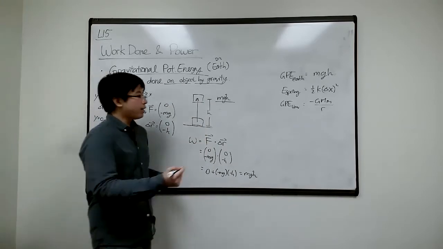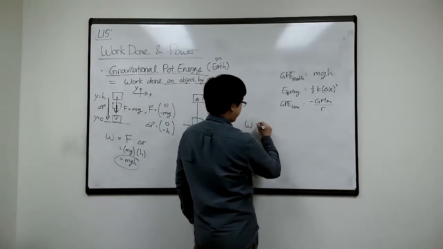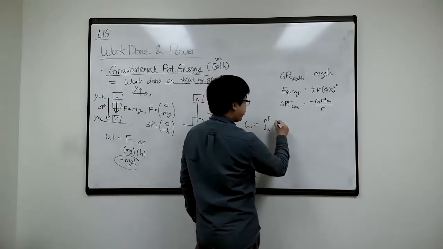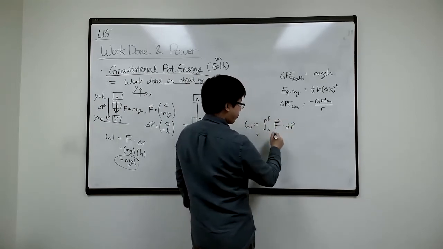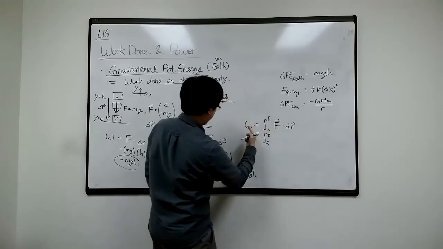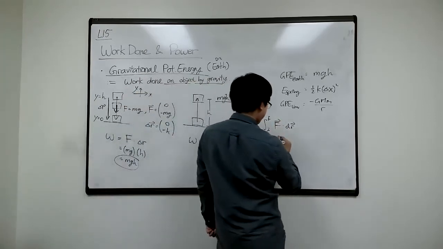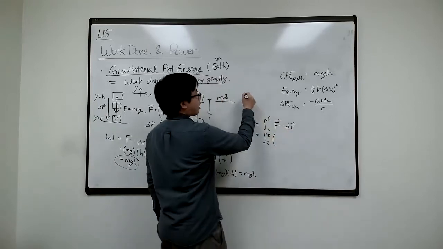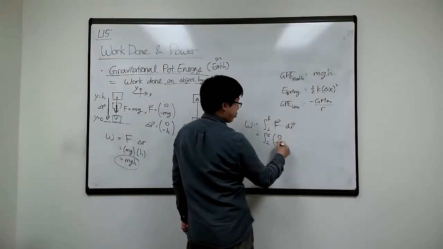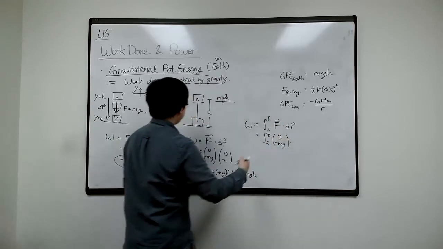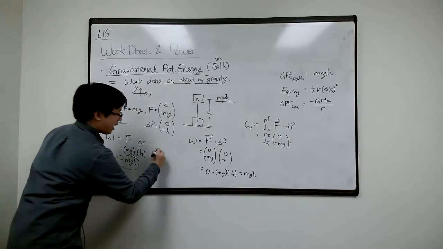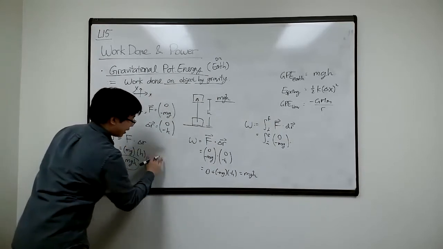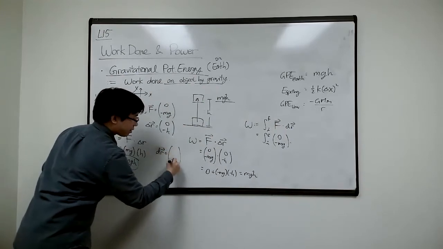You can use the integral as well, which is drastically overkill, but sure. Integral from initial to final of F dot dr. There's a couple of ways you can do it. You can pull this out, which simplifies a bit, but you can leave that in as well if you want. Let's put F first, I know that, it's mg. So dr is the path going from here to here, but it's a small change in path. dr in terms of a vector is (dx, dy), like that.